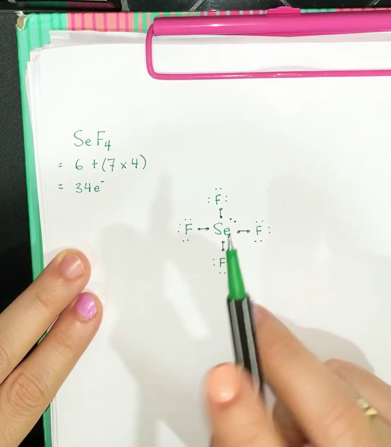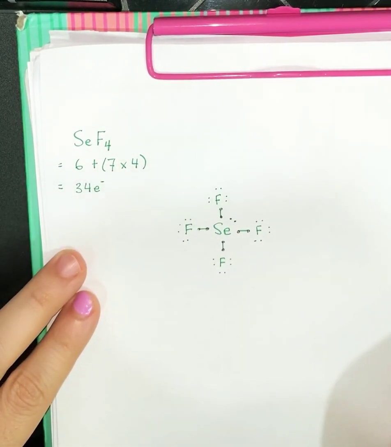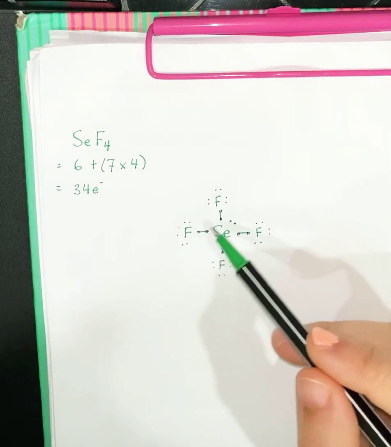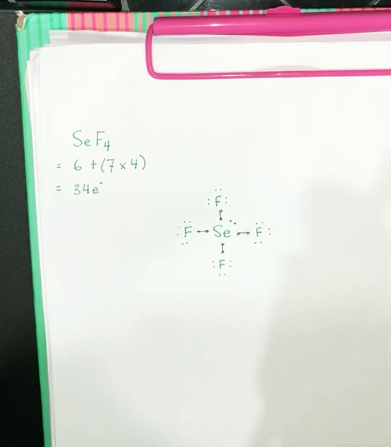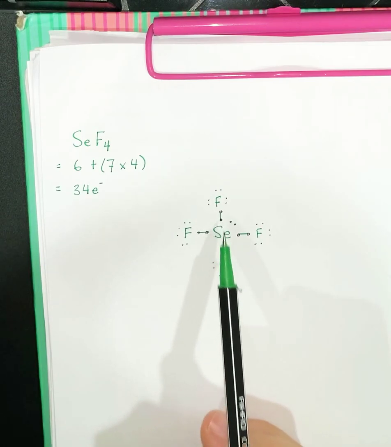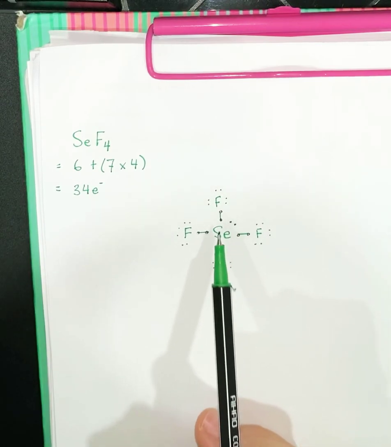But the central atom does not. And when we get to the quantum mechanics of the atom, you will understand why. The central atom does not have to follow the octet rule, but it must show its valences. So selenium's was this one, this one, this one, this one, this one, and this one. So there's 6.